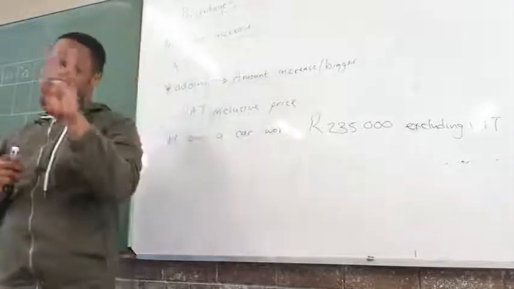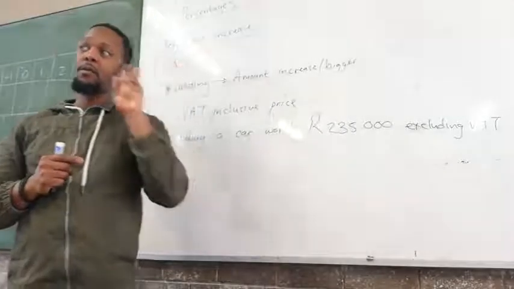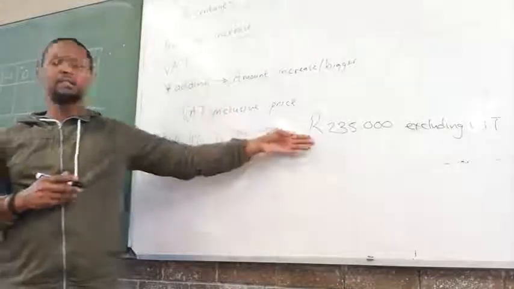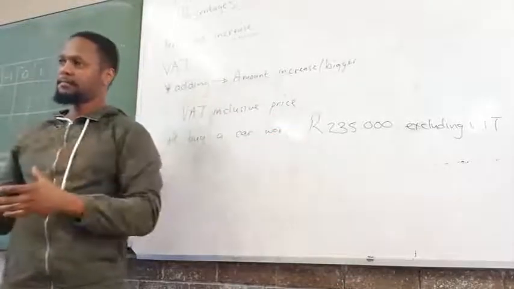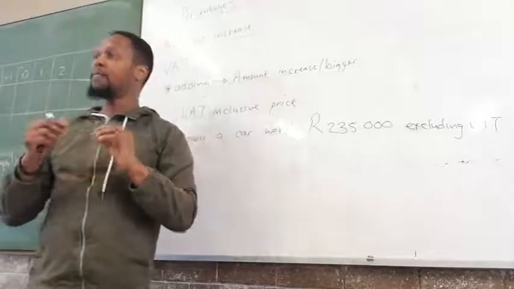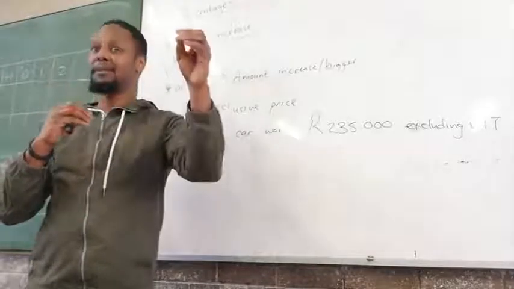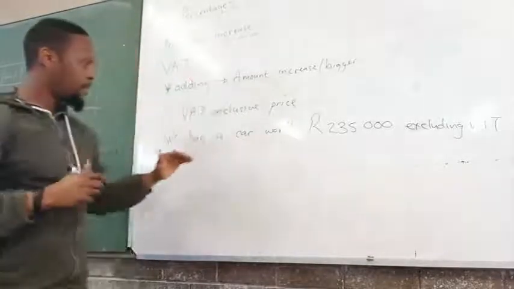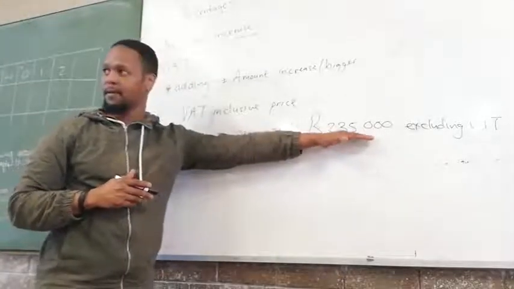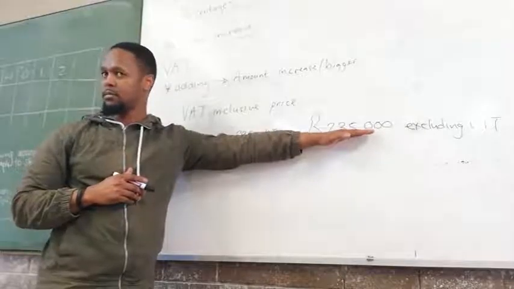Now there are two methods of doing this. The one is to get 15% of the amount and then add it to the original amount, and then you get your answer. The method that we are going to be looking at is the percentage increase method. So we are going to say the 235,000, that is the starting amount.